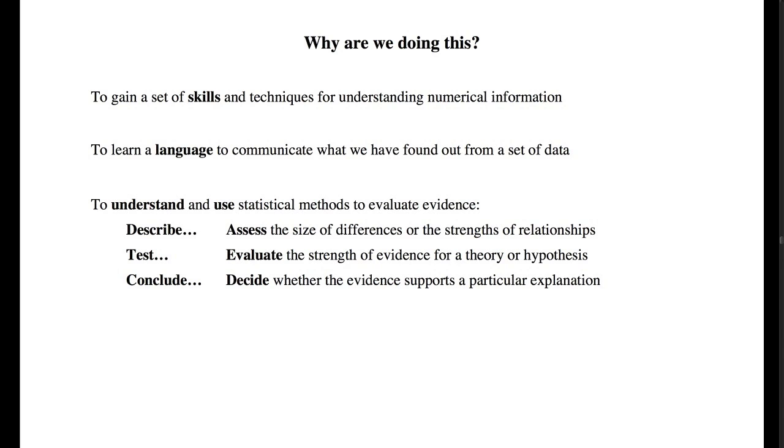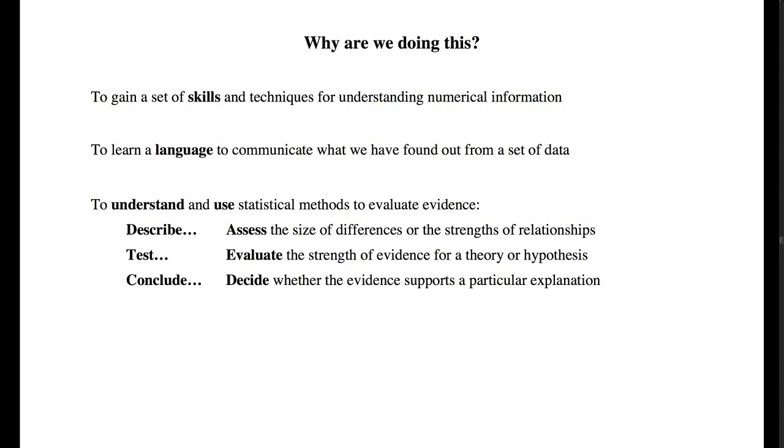And we often follow this little three-step pattern. We describe the data. For instance, we might assess the size of differences or how clear the relationship is between two variables. We then undertake some kind of test. In other words, this is where our inferential statistics come in.